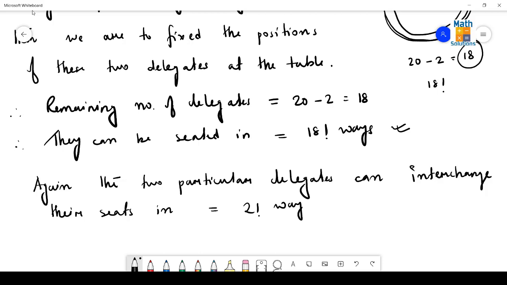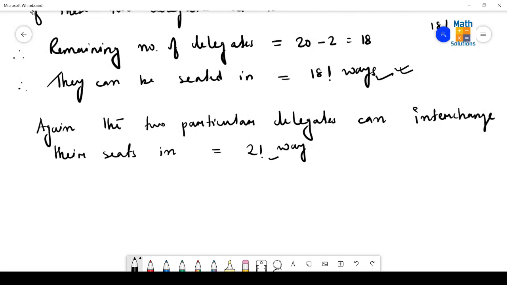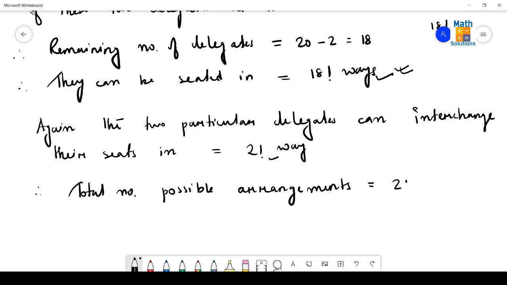So here in this case, total number of possible arrangements will be what? Both these two things, means 18 factorial ways and 2 factorial ways, we have to consider. Therefore, total number of possible arrangements is equal to 2 factorial into 18 factorial.